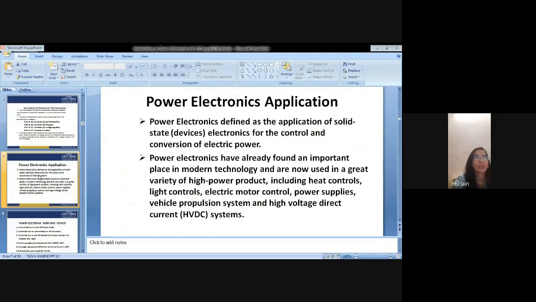So we can see that power electronics has huge applications in almost all fields. It is a very important and very interesting subject, right?